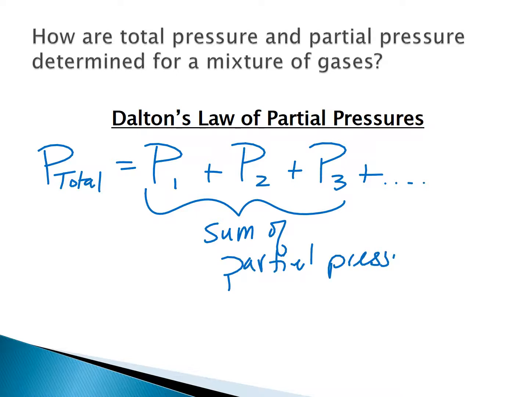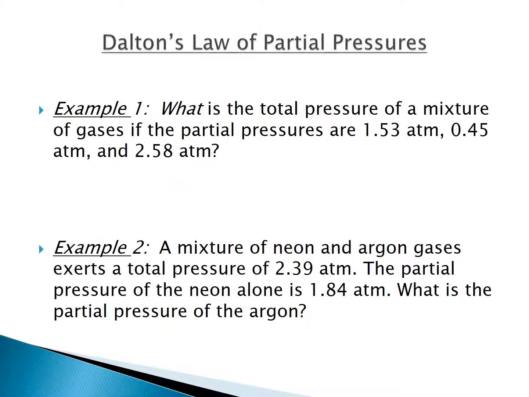And when you add them all up, they're going to equal the total pressure. So there's a number of ways we could ask you this question. One, we could give you the partial pressures and have you add them up to get the total. Or we could give you the total and all the partial pressures except for one and have you find the unknown partial pressure. It's very, very easy, and I'm not ashamed to say that.